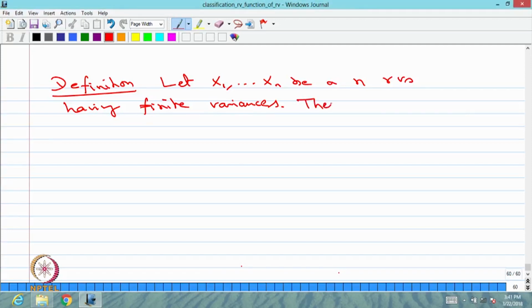That means the first and second order moments exist and are finite. Then we define the variance of the sum of random variables, i equal to 1 to n.